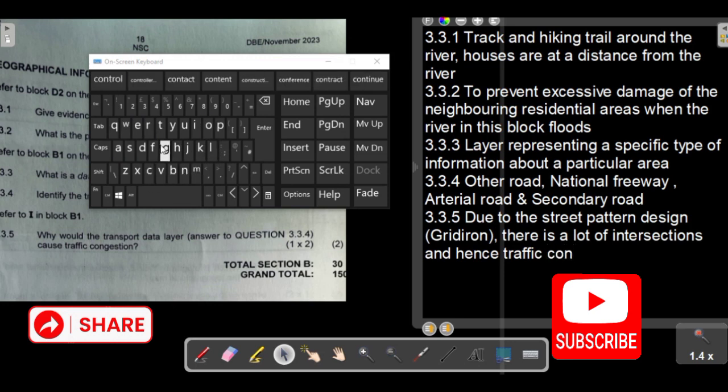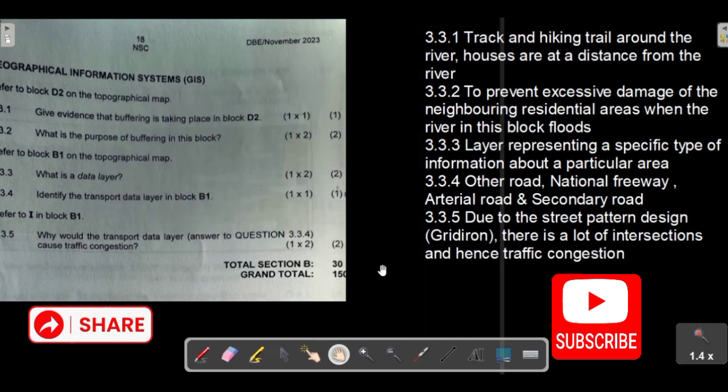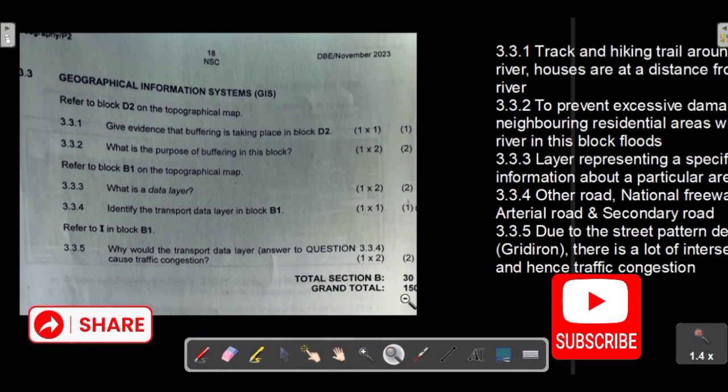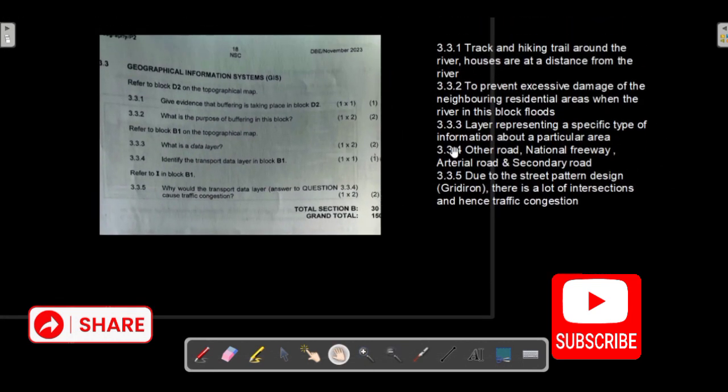Congestion. There we go. So that's it, guys. So that's our review for the Geography 2023 MAPWORK. Okay.